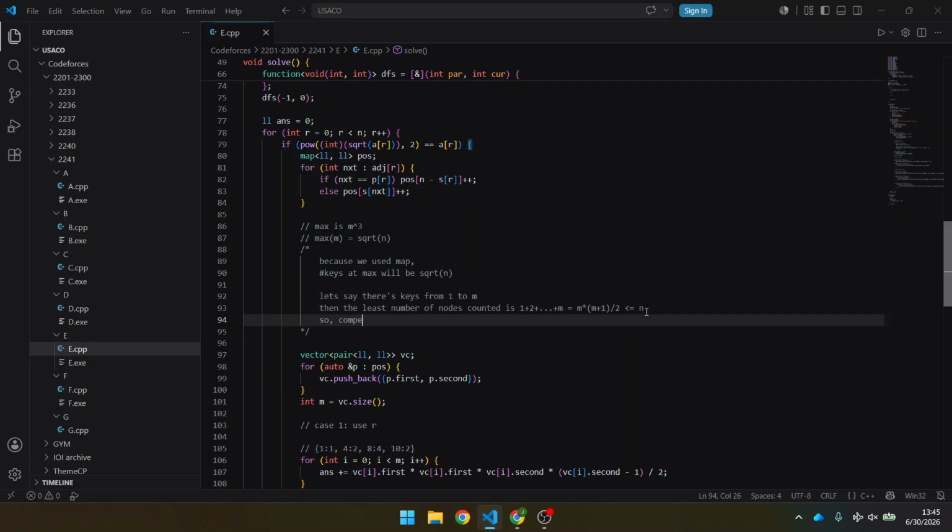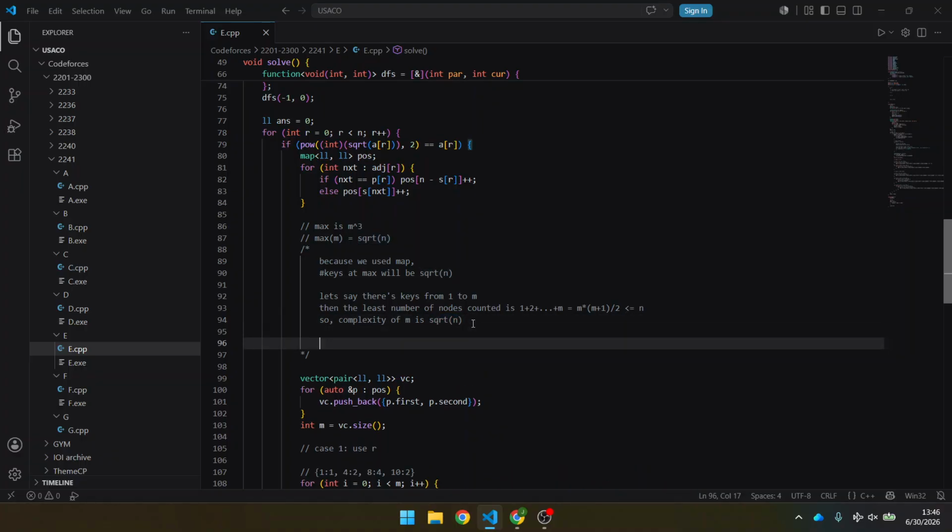So complexity of M is square root of N. Now notice, so once M is square root of N, so total complexity is N to the 3 over 2 power.